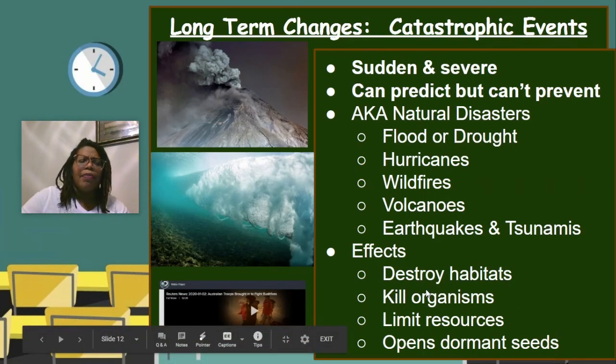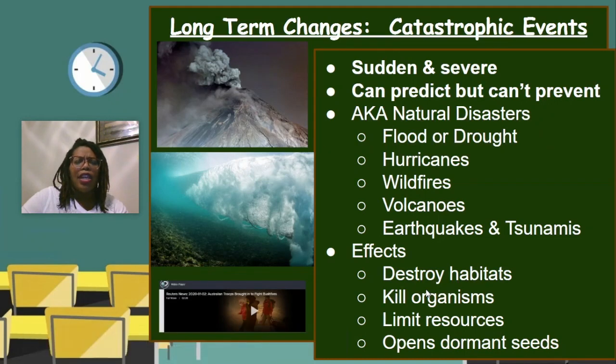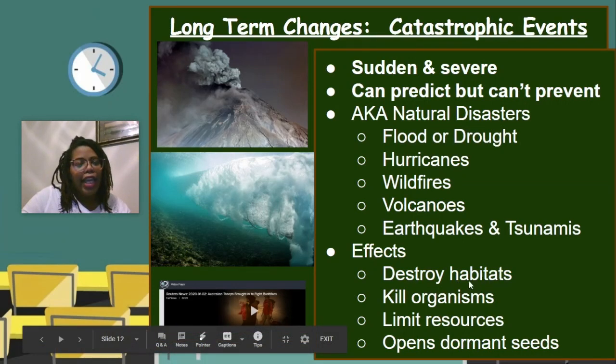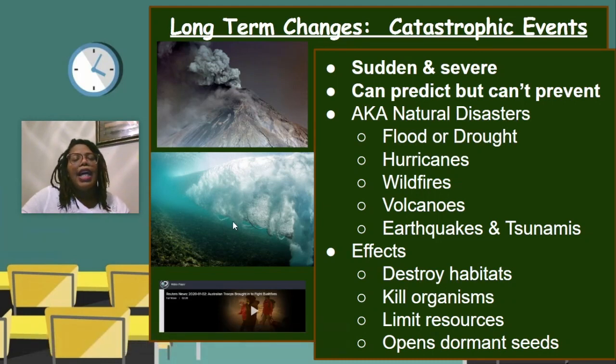Okay, so what are some effects of these catastrophic events? Clearly, we've seen pictures of wildfires and tornadoes and hurricanes and how they just rip through an area and pull up trees, and they burn down forests, and so they destroy habitats that animals use as their homes and to get their needs met. Some organisms also die in these catastrophic events. If it's a forest fire and they can't get out quickly enough, or a tsunami and they can't get out of the way, or a volcanic eruption, they can lose their lives.